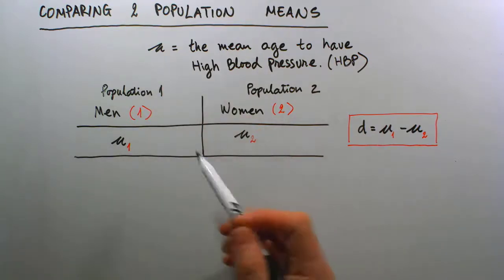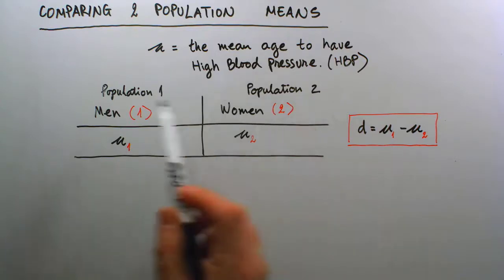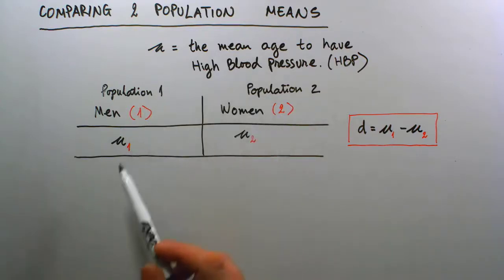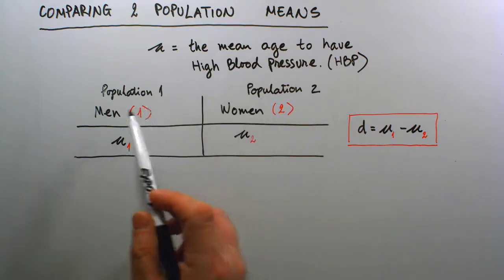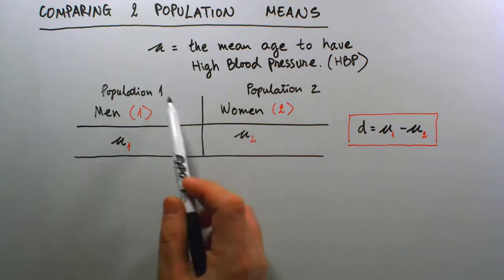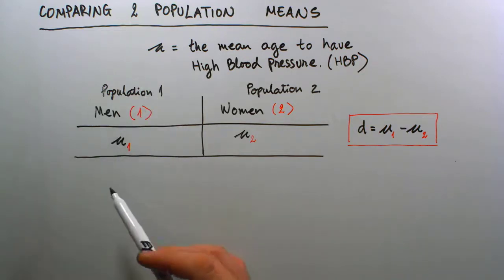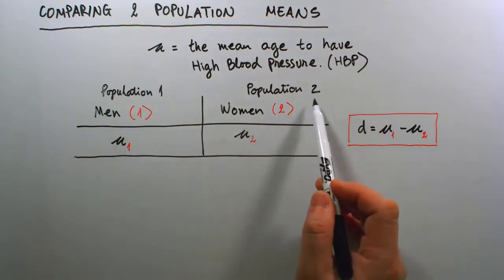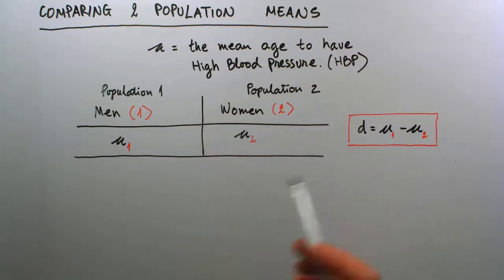So, having two separate populations in hand, we can independently collect samples. From population 1 we can collect our own samples, and from population 2 we can also collect our own samples.